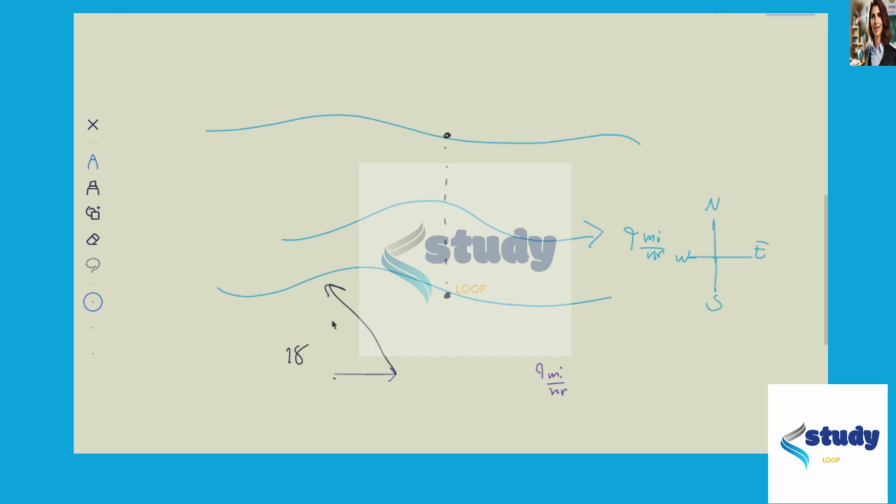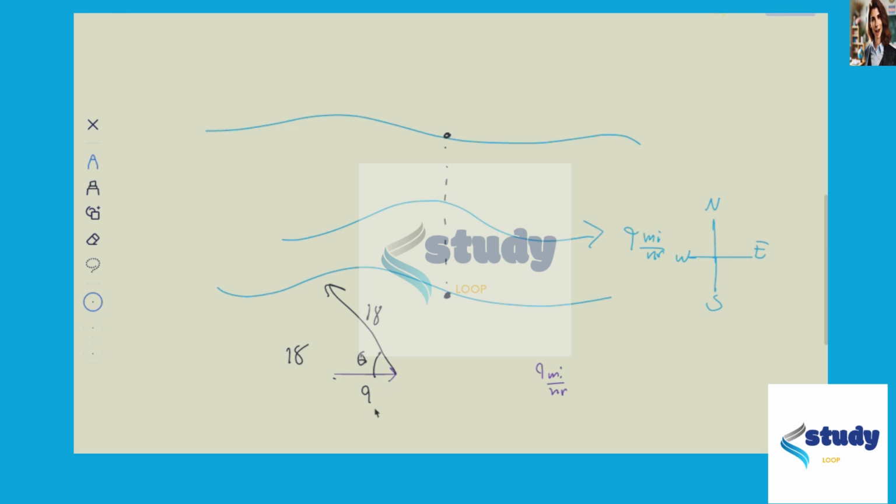We do this with a little bit of trigonometry. We know that this is going to be 18 miles an hour, and we know that this is going to be 9 miles an hour. What we need to know is what angle we are going to put here such that the westward component of this arrow is equal in magnitude to the component here.